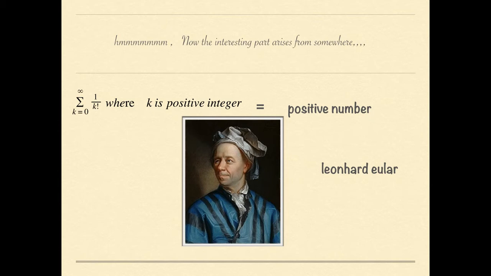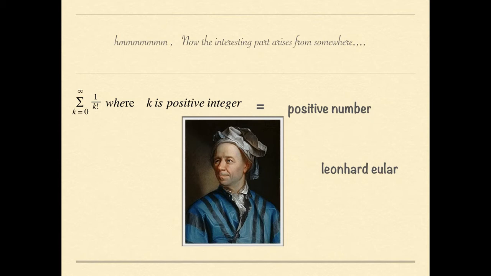There is a famous explanation that the value of e is obtained by the expression given on the left-hand side, which is the summation of k equal to 0 to infinity of 1 by k factorial, where k is all the positive numbers. You can even use negative numbers, but for simplicity, let's use the positive numbers. This is the value of e. Keep in mind that this is the value of e.